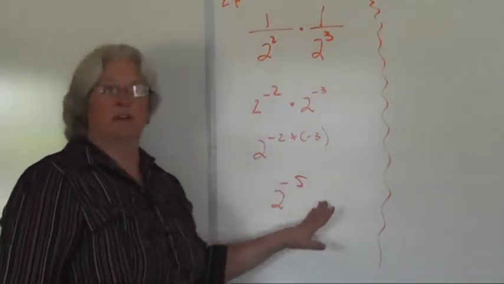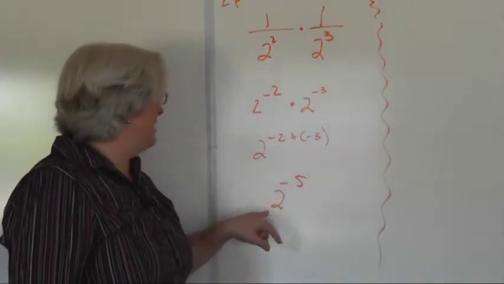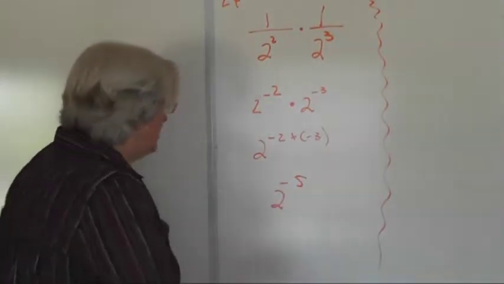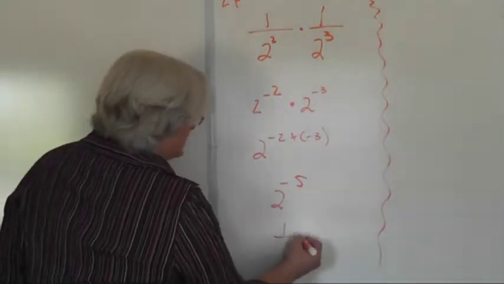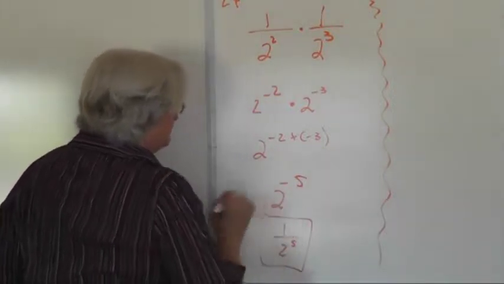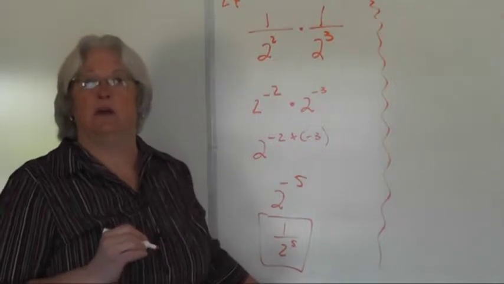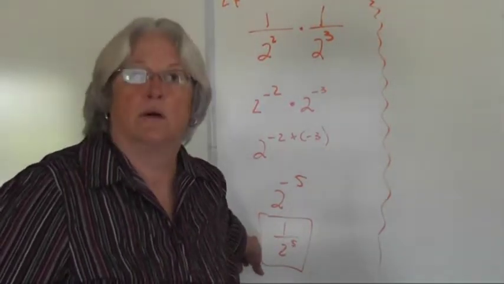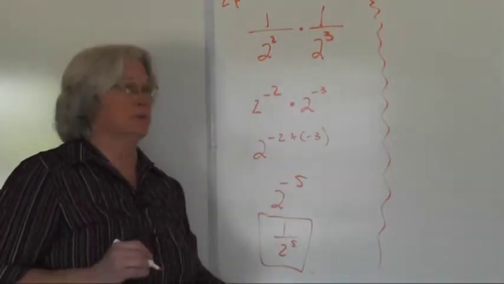We're going to use our definition that tells us that if we have a base to a negative exponent, we can rewrite that as 1 over 2 to the 5th. Okay, that's how they arrived at their solution.